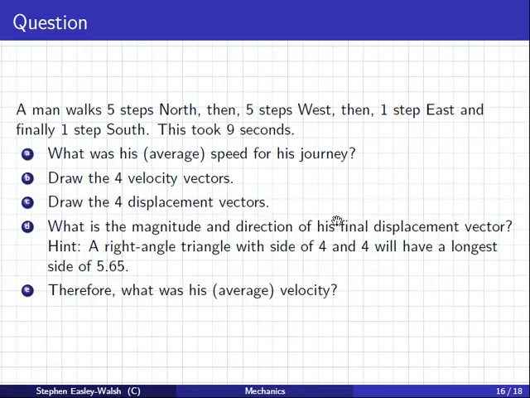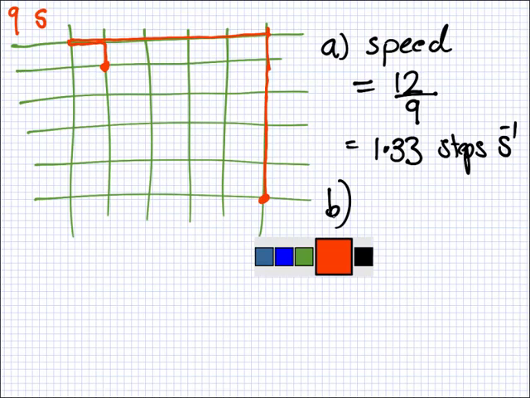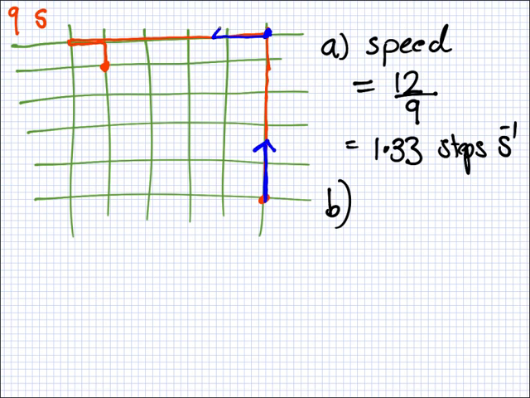Okay, B. Draw the 4 velocity vectors. So first, what did he do? He went north. So that would be like this one here. That's the first velocity. And then here, that's the second one.